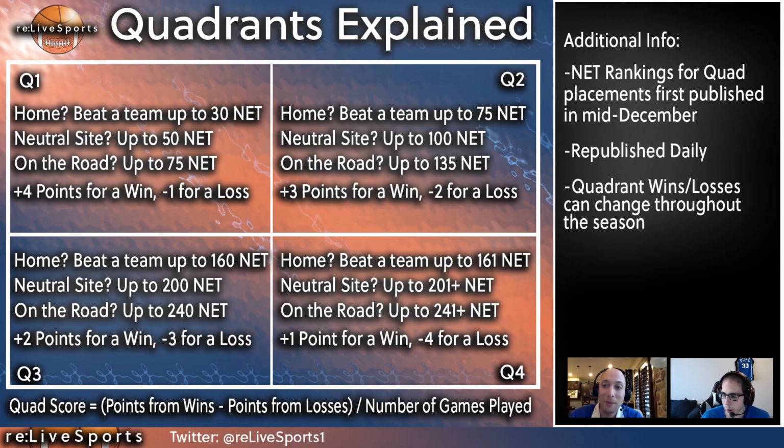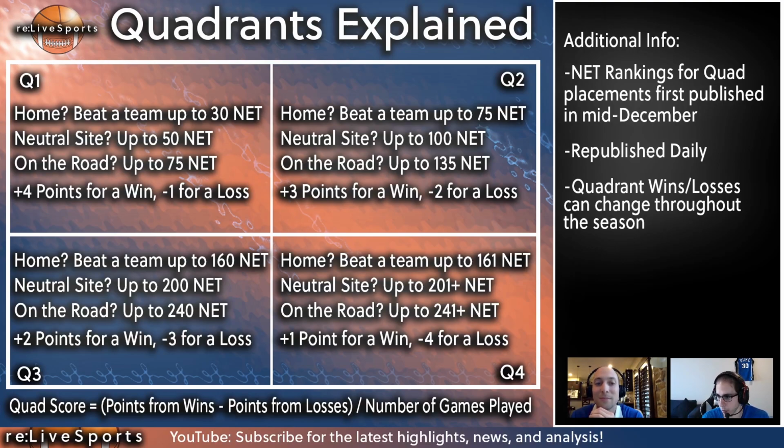Yeah, so up here on the screen right now we have the quadrants explained. As Justin was saying, there are four quadrants, and whether you play the game at home, at a neutral site, or on the road, you get different credit based on how high that team is ranked and where you play them.